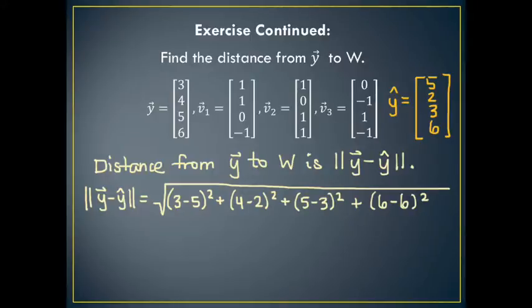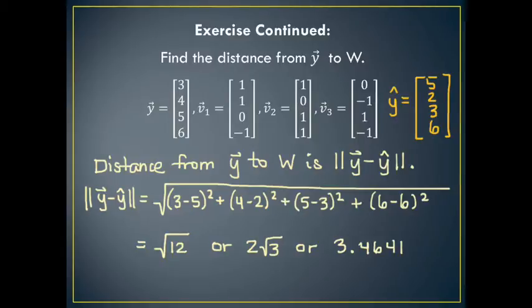So we have 3 minus 5 squared, 4 minus 2 squared, 5 minus 3 squared, and 6 minus 6 squared. If I simplify this, I get the square root of 12, or 2 square root of 3, or 3.4641. WebWork should accept any of these answers.